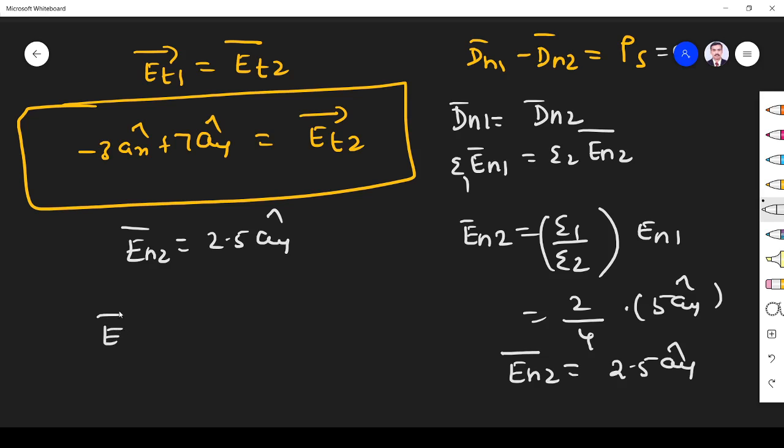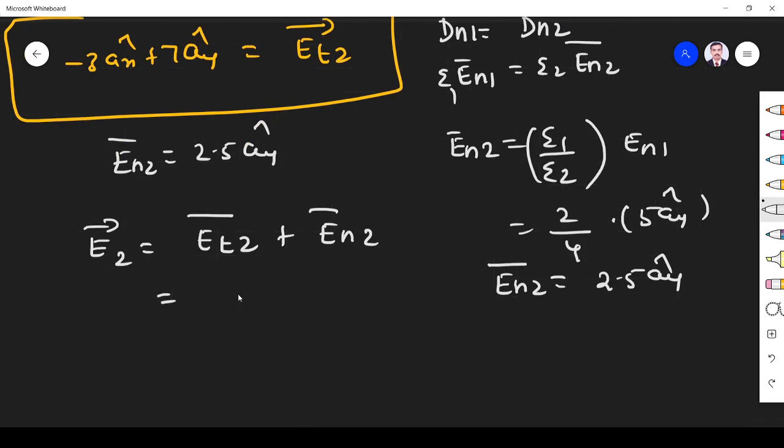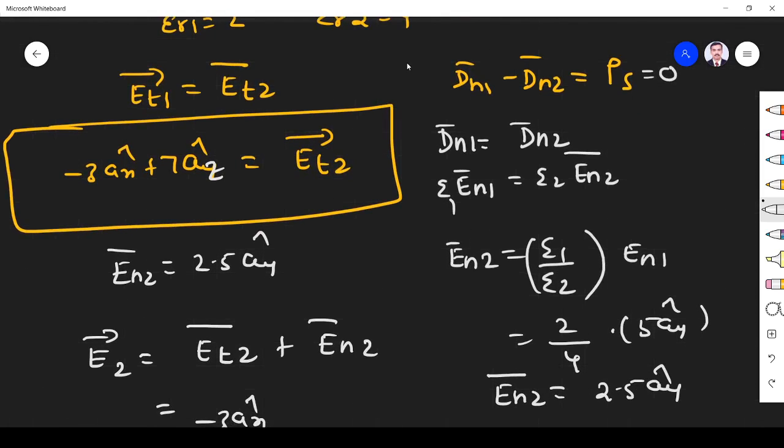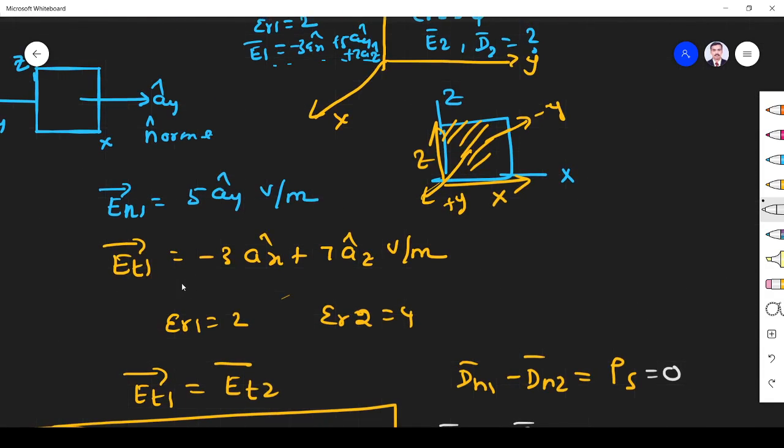So what is the total electric field in medium 2? Et2 plus En2. Et2 is given by minus 3ax plus 7az. Et2 has the x and z components, right?